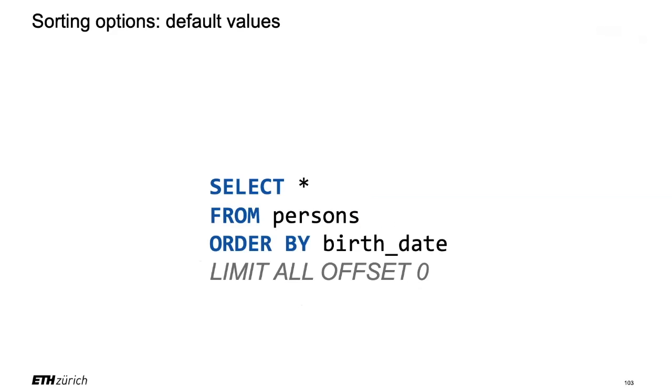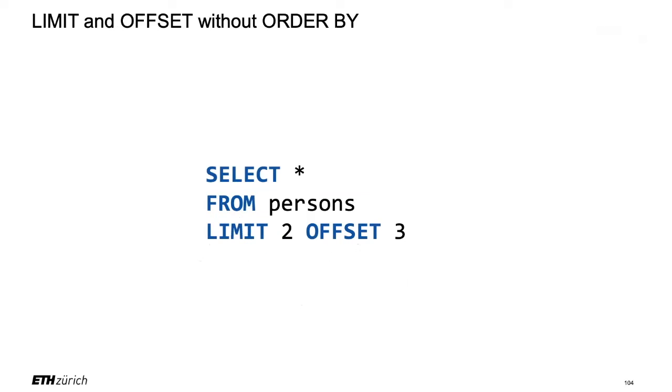Now, again, a word of warning: don't ever do that. What if we try to put limit 2 and offset 3, but without an order by? Well, I have no idea what's going to happen. The reason is, if you don't use order by, PostgreSQL doesn't guarantee any order. It's in the bags of set semantics. It only cares about the order if you use order by.